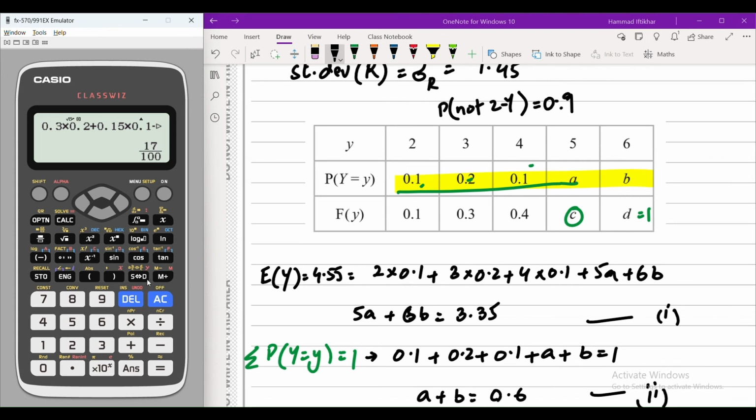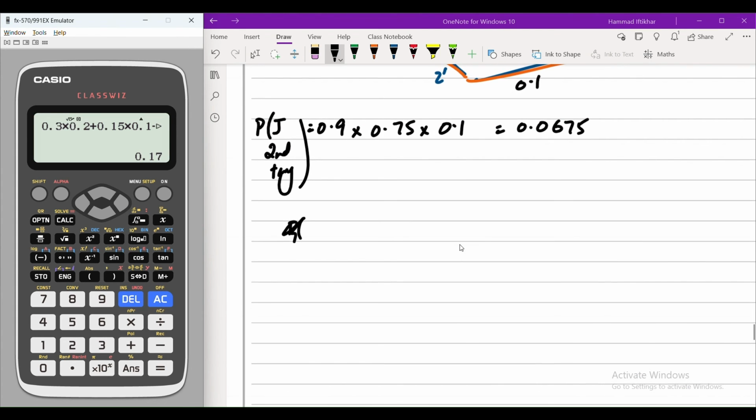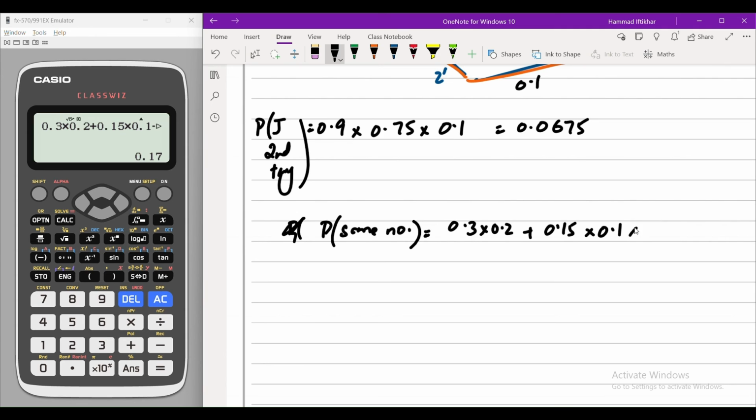So that is 0.17. Same number. So 0.3 times 0.2 plus 0.15 times 0.1 plus 0.1 times 0.25 plus 0.2 times 0.35.